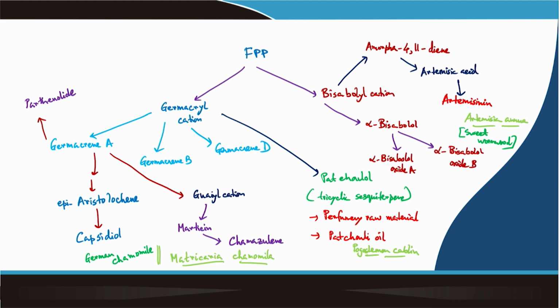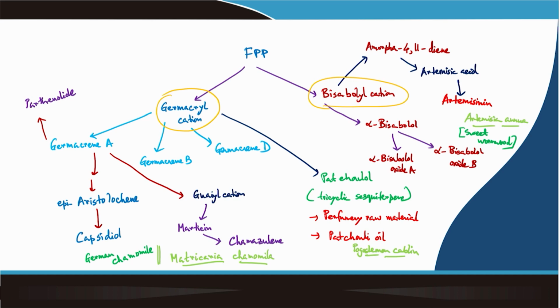So, from FPP different cations are formed as a result of this farnesene synthase reaction. One major is this germacryl cation, another one is bisabolyl cation.